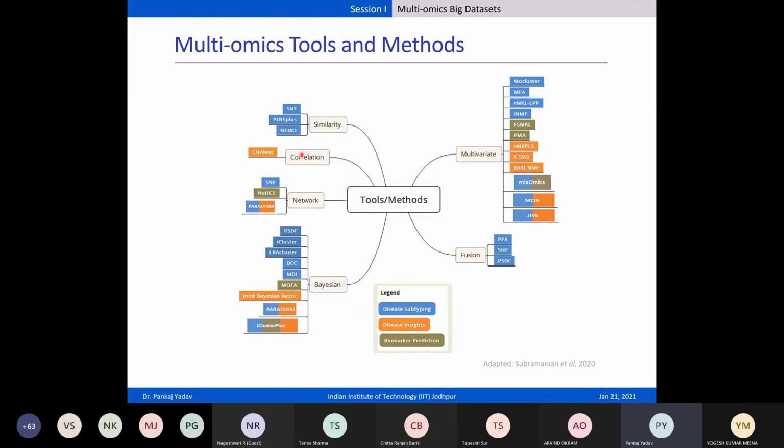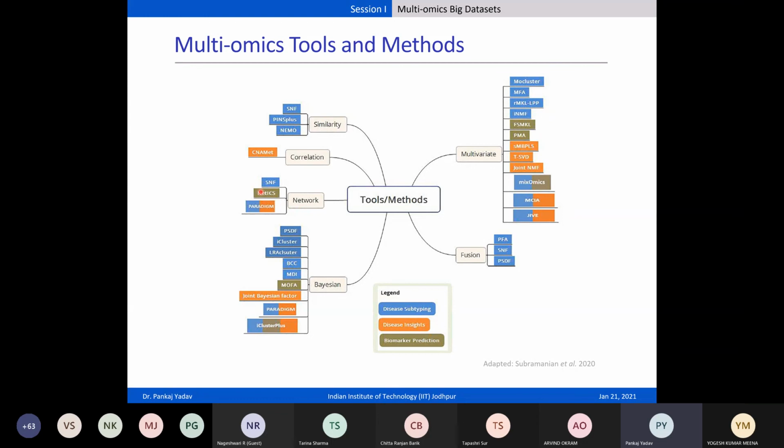You can also find some overlaps between different categories. For example, you can find SNF in the fusion category, and it is also based on similarity.